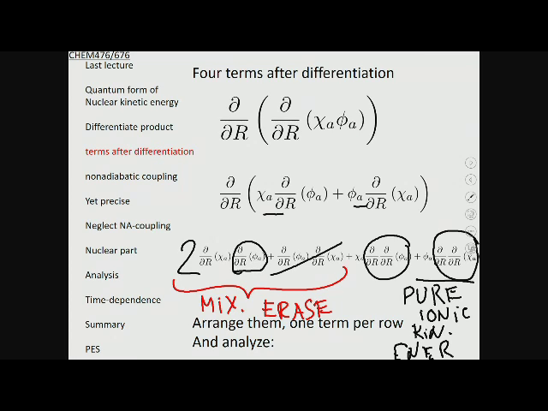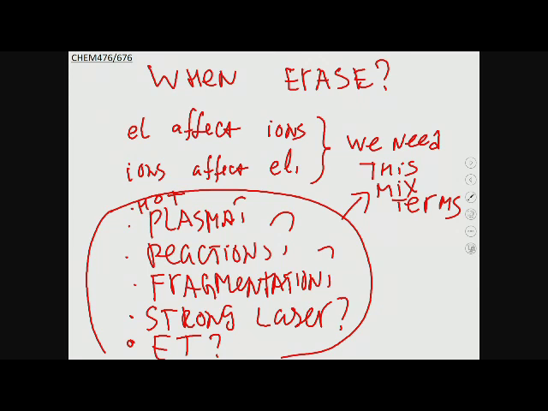You tell, it is my approximation. It is my approximation that treating this term is not necessary. I'm going to provide justification later. So it is how science is done. So when is this approximation legitimate and possible, and when is it not legitimate?